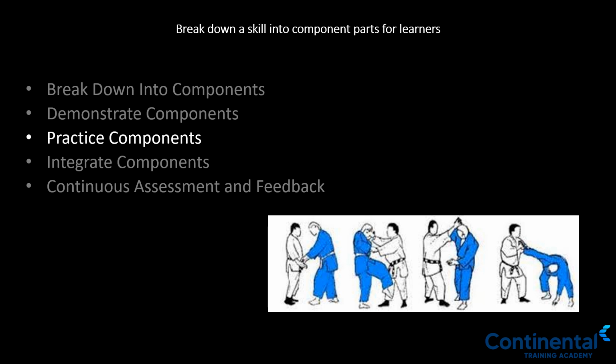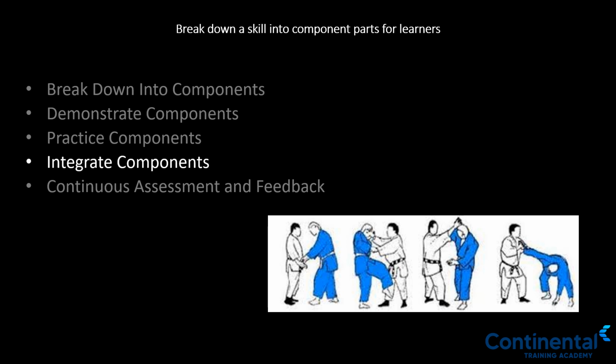As learners practice, offer specific feedback on their execution of each component. Positive reinforcement for correct technique and gentle correction for mistakes will help learners to improve. Once learners are comfortable with those individual components, guide them into combining the parts into the full technique.